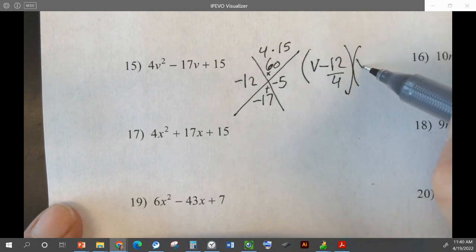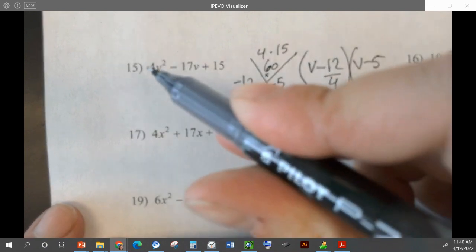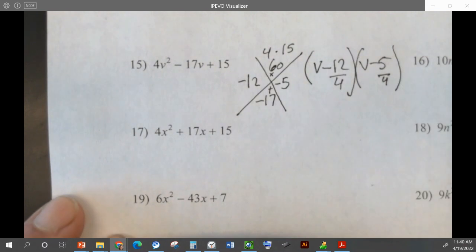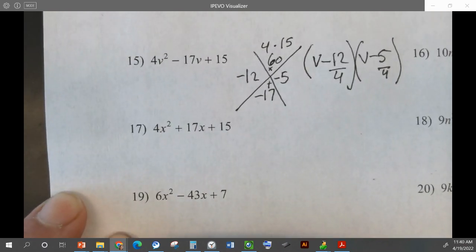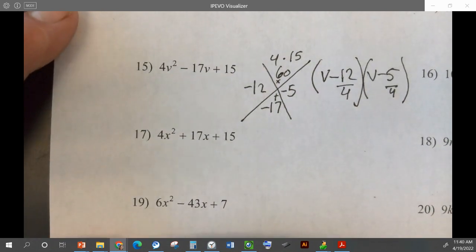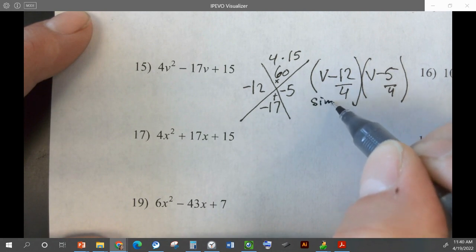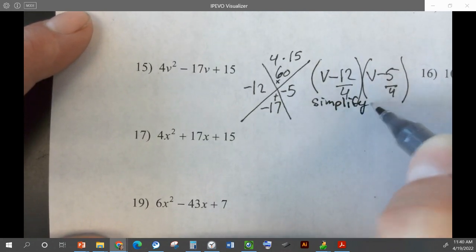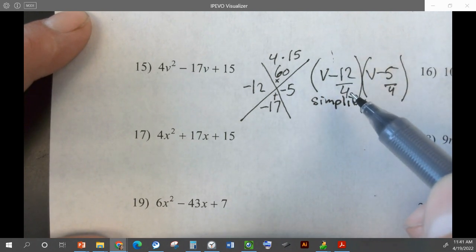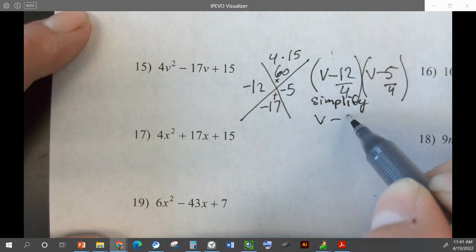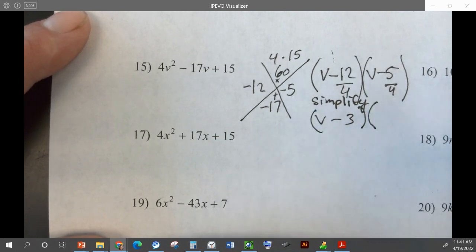And we have v minus 5, and we have to divide by a. Okay, then what do we do? Good, yes. We're going to simplify our fractions. So here, 12 divided by 4, we can do that one. That's just 3. So that one's already done for us, v minus 3.